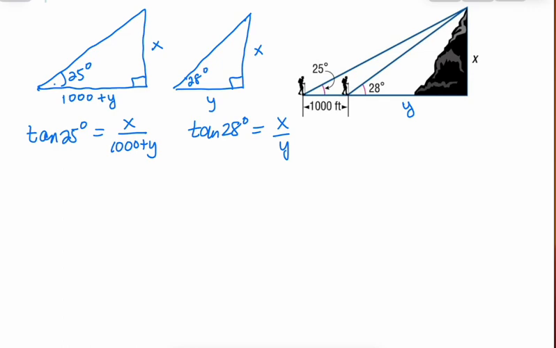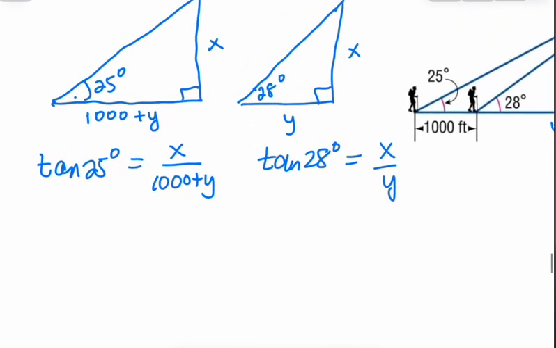Now you might recall back in the day, back in Algebra 2, probably even Algebra 1, you did systems of linear equations. We even did some systems a few months ago. In order to solve a system of equations, we have to take the two equations and somehow put them together. So let's use a calculator and let's find out what is the tangent of 25 and what is the tangent of 28.